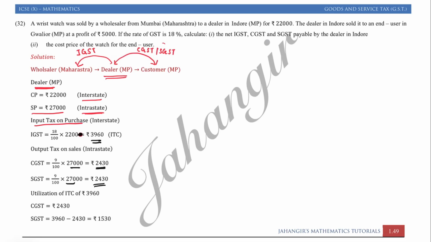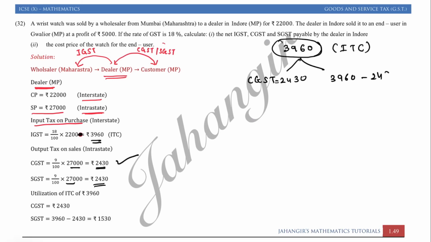So now let us see the utilization of tax of rupees 3960, which is ITC. ITC is the credit tax which is adjusted against output. In output, CGST of rupees 2430 he has to pay, and from 3960, whatever is left after 2430, that is 1530, has been taken by the state government, SGST. So in net tax payable, CGST will become 0 because the central government should get 2430 and they had taken it from 3960.